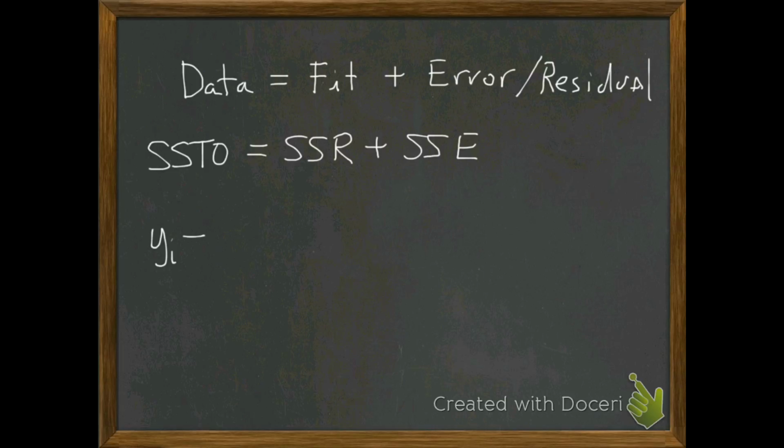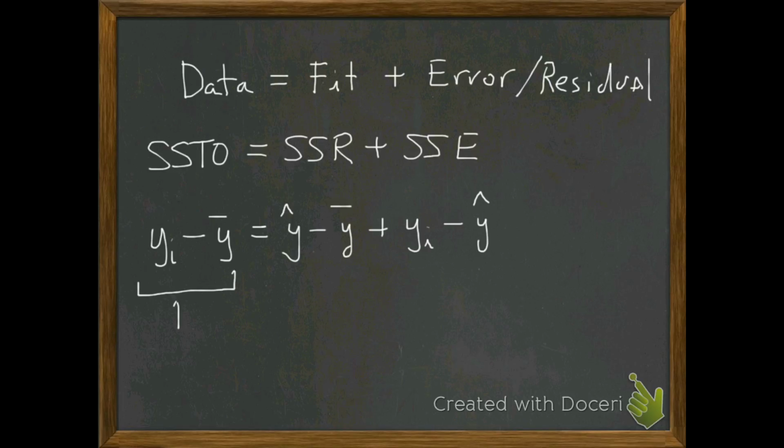So we can see that, partitioning this out, y sub i minus y bar can be expressed as y hat minus y bar plus y sub i minus y hat. And you can just observe that, and you can see that everything works out because the predicted values actually cancel. So guys, this over here is expressed as our deviation of the y, so I would call that just our total deviation.